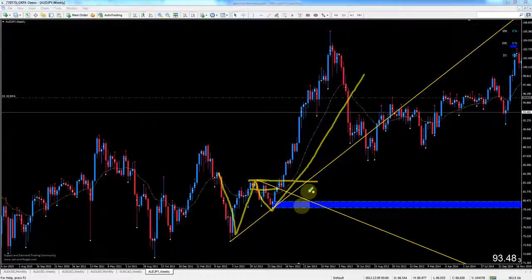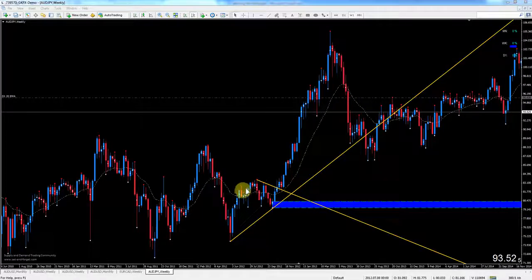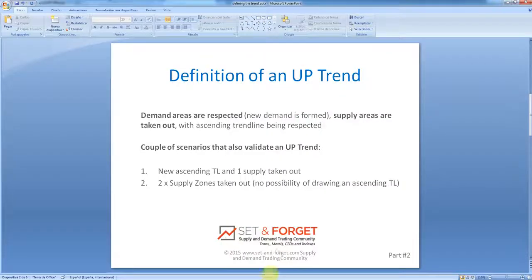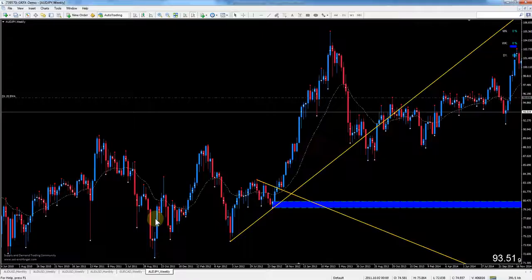Once we get this area of supply validated after a brand new trend line and the opposing descending trend line broken, then we've got a new uptrend. Okay, as we can see in point number 1.